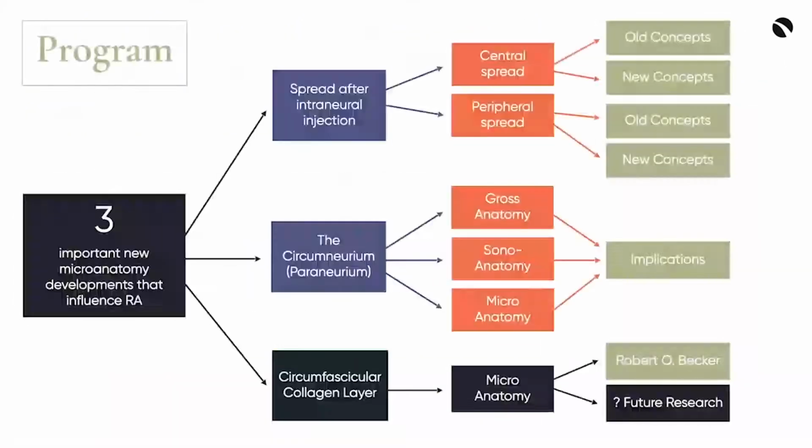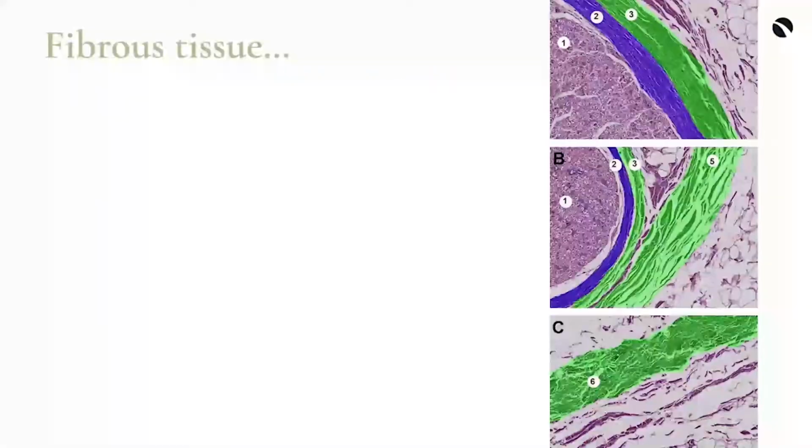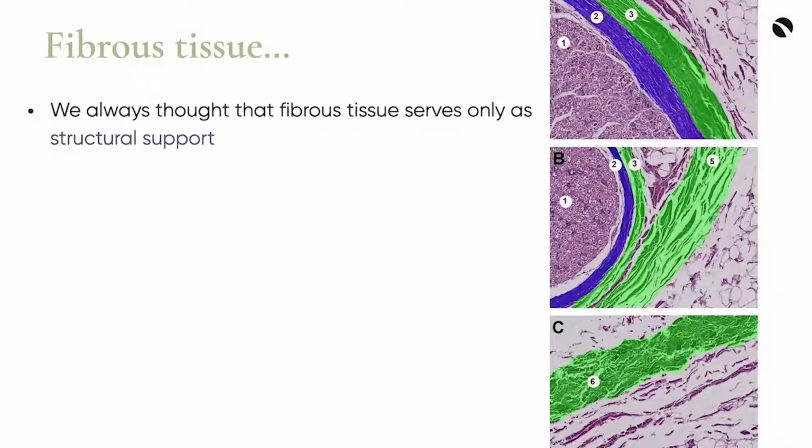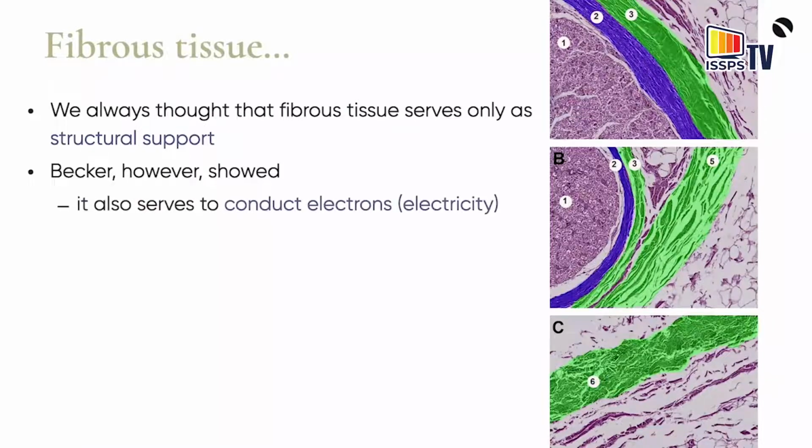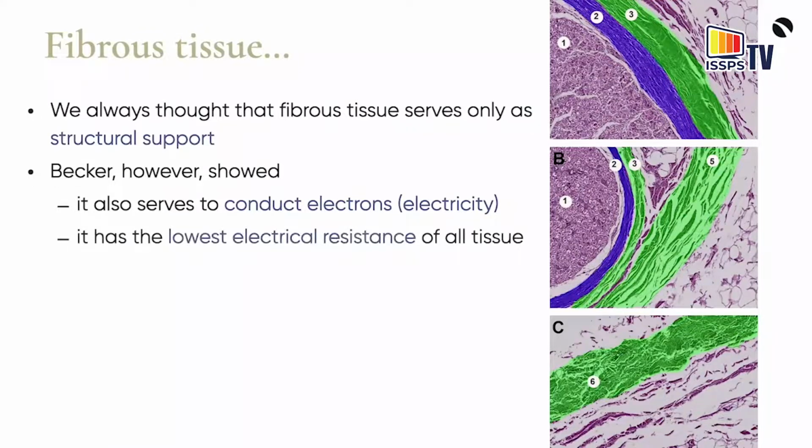Extensive research is ongoing following this work of Becker. We always thought that fibrous tissue serves only as structural support. Becker, however, showed it also serves to conduct electrons, in other words, electricity. It has the lowest electrical resistance of all tissue in the body, and it is a semiconductor.